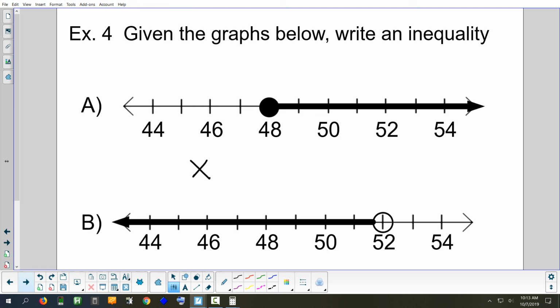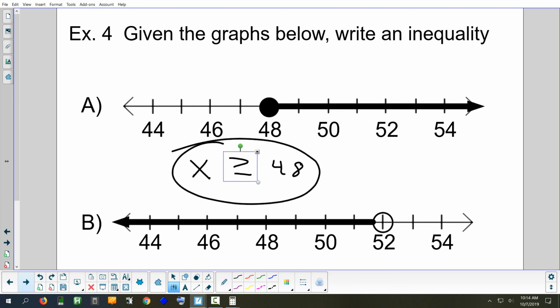No, it's always going to be on a nice, easy number to see. All right, so 48. Now we have to decide the symbol. It's filled in, and it's pointing to the right. Yeah, go ahead, Leilani. Greater than or equal to. It has to point to the right. And we had the circle filled in, so we need to put the line under it. And that's it.